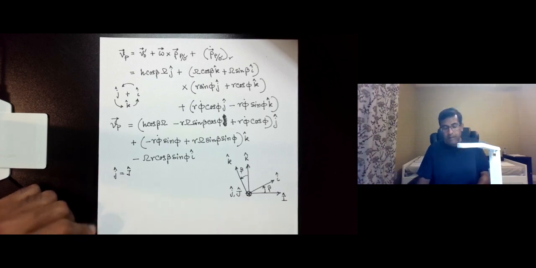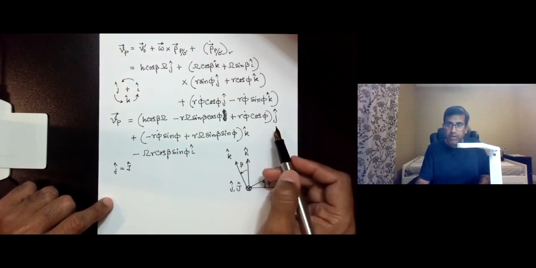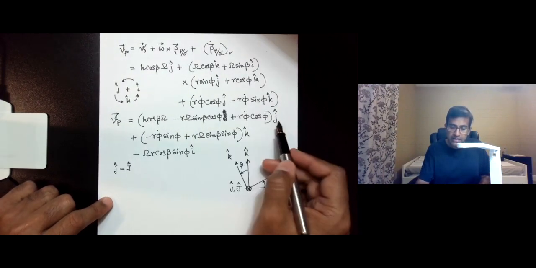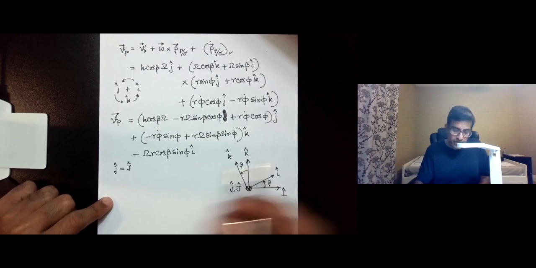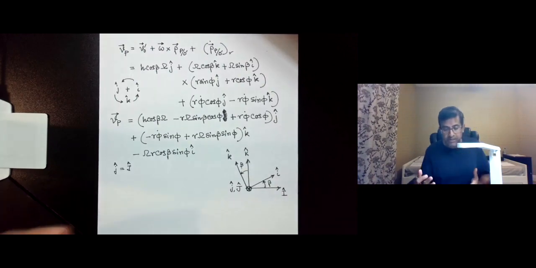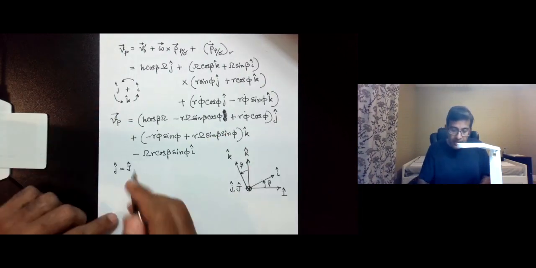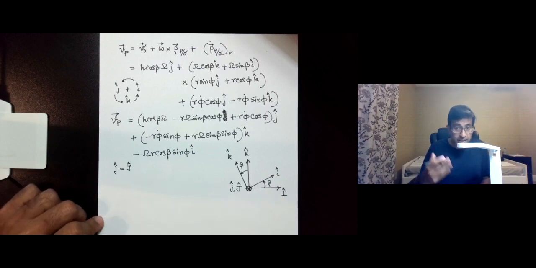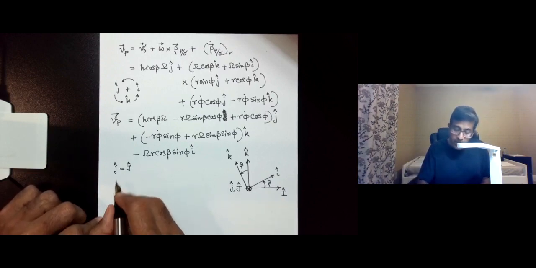So the j component, you can just directly say that this is the component in the capital J direction. What we are going to do is express this vector in the capital I, J and K unit vectors.